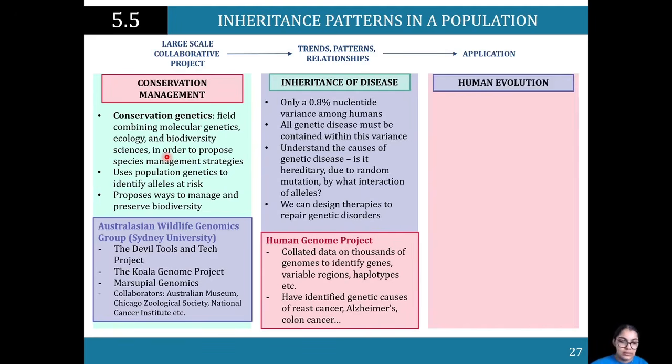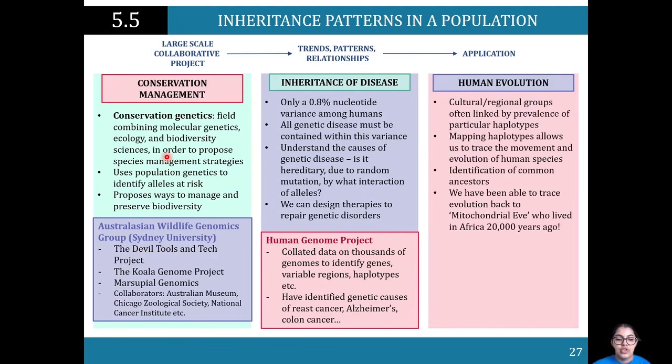Alrighty, looking at human evolution. Finally, we know that cultural and regional groups are linked by the prevalence of particular haplotypes. So essentially we're linked by these particular groups of similar genetic sequence, and we can map that to trace the movement and evolution of human species.